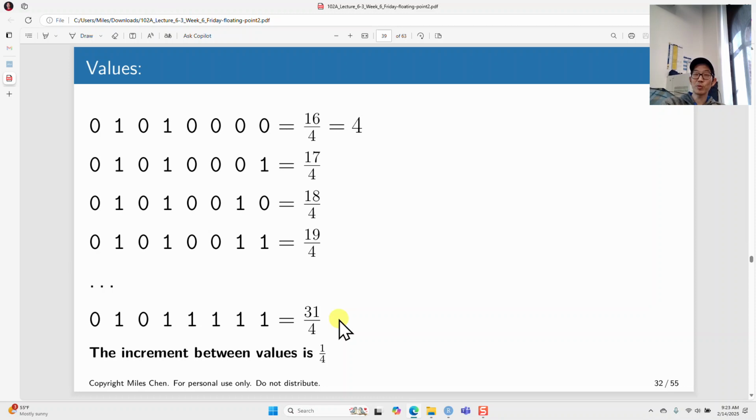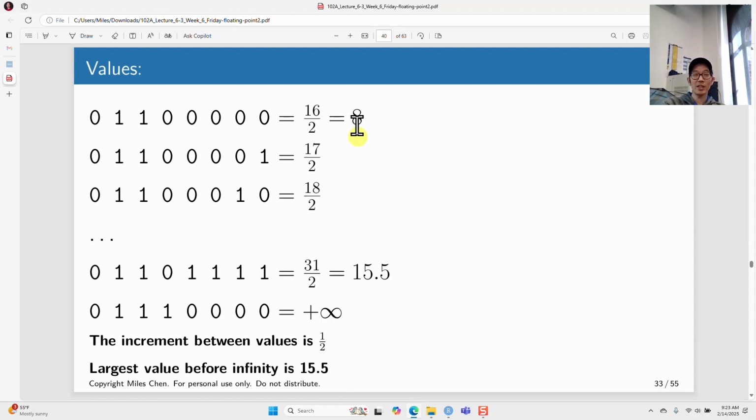And then the next number will be 8, and now our increments will be 1/2. 8, 8 1/2, 9, 9 1/2, and so on, until we get to 8 15/2, or 31/2, which is 15.5.